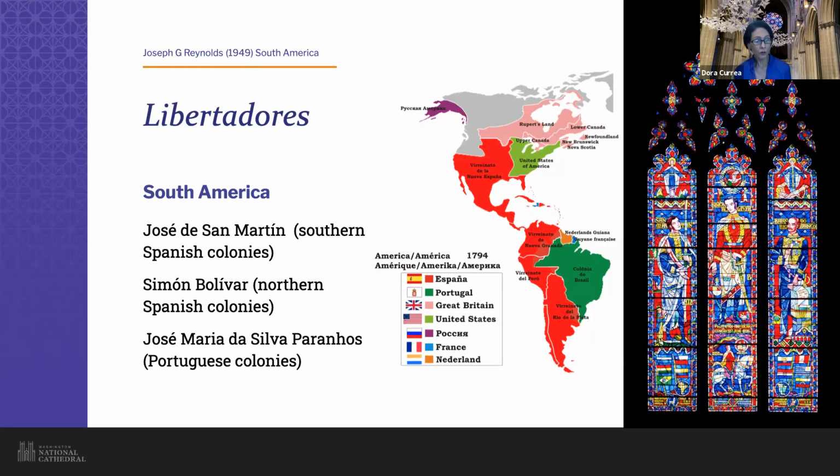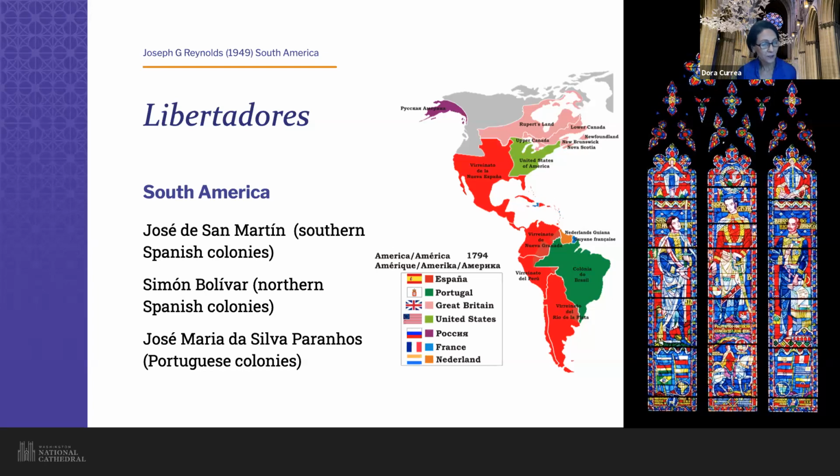This map shows the American continent in 1794, with the United States in light green having gained independence from Britain, but yet lots of red showing the colonies of Spain, and in dark green, those of Portugal. In the window, we see the South American liberators.